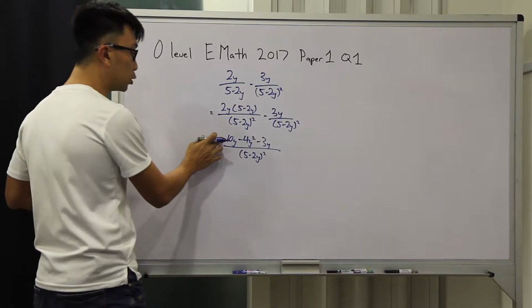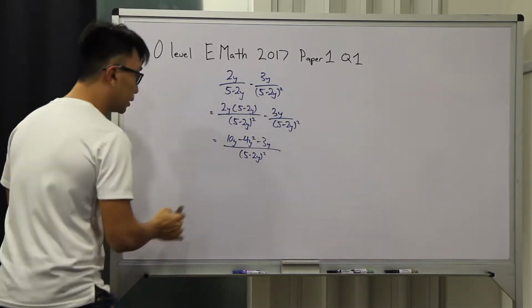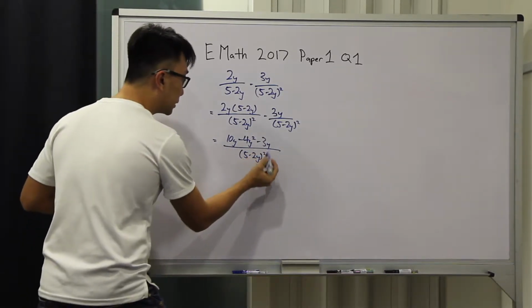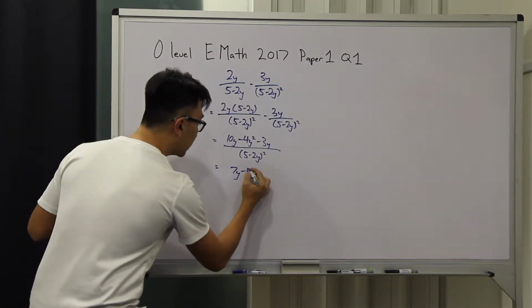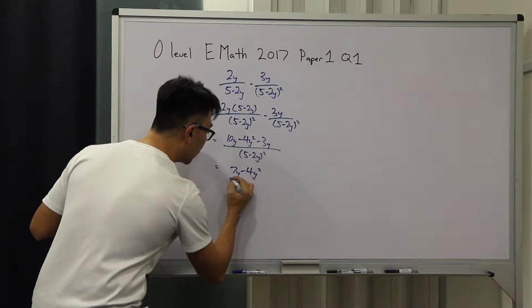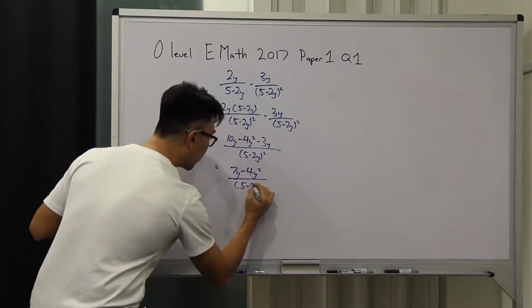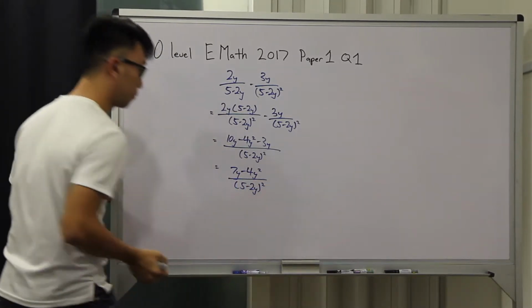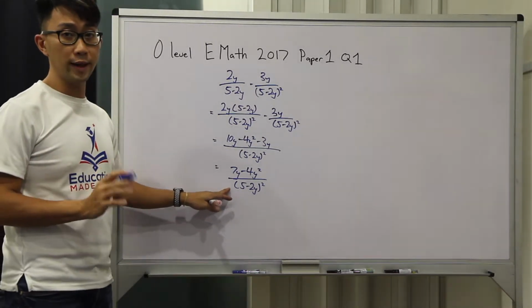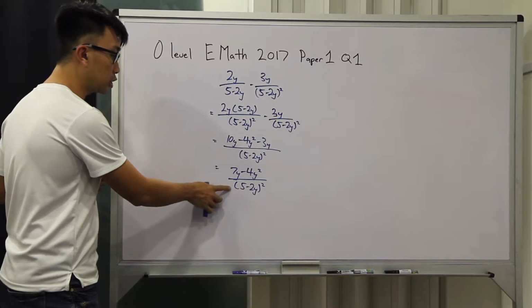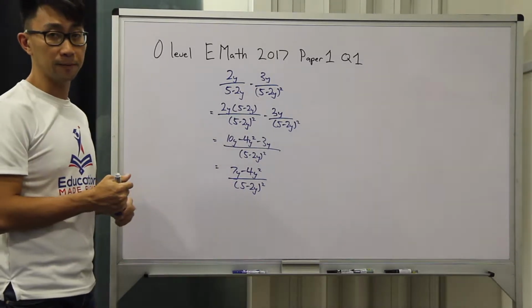Next up will be to simplify the numerator. So we have a 10y - 3y here, that will give us (7y - 4y²)/(5 - 2y)². Alright, now for this part, we need to consider whether the numerator and the denominator can further be simplified.